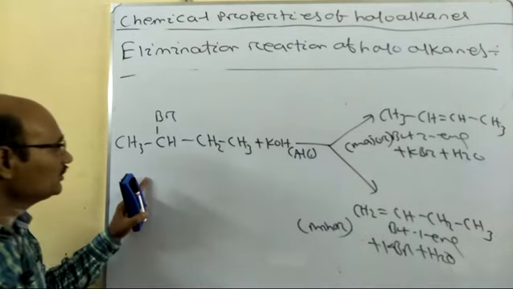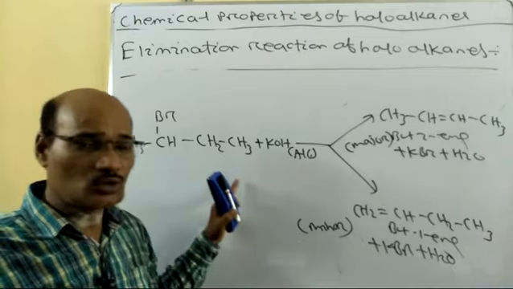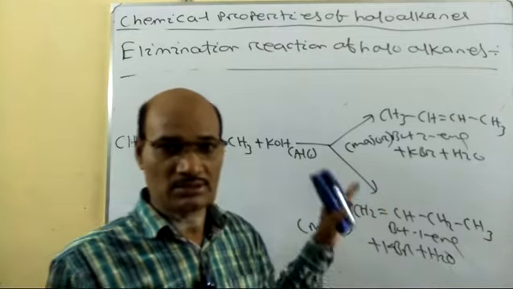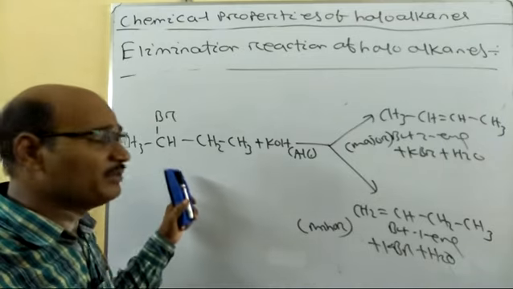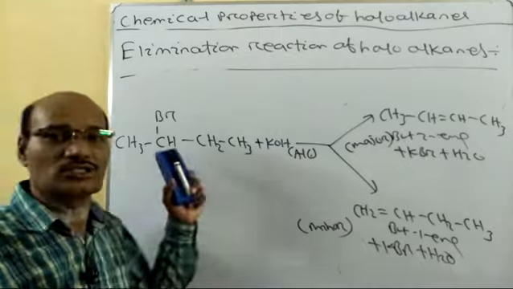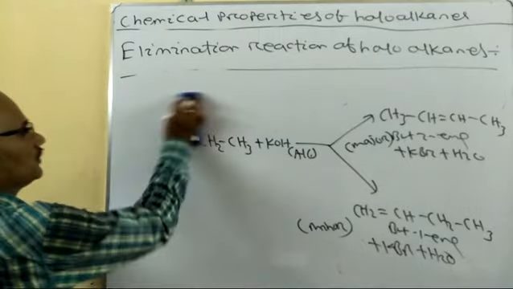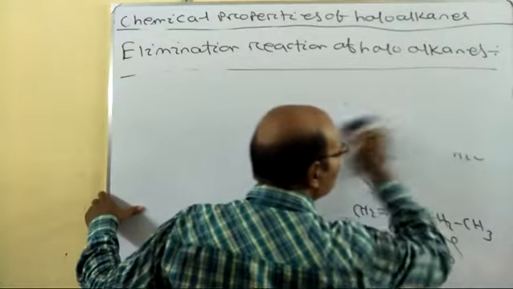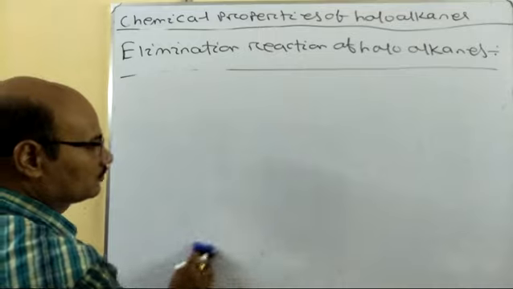So elimination in unsymmetrical haloalkane takes place according to Saytzeff rule. That is, the hydrogen atom will be preferentially eliminated from that beta carbon having fewer hydrogen atoms. This is about the elimination reactions shown by haloalkanes.